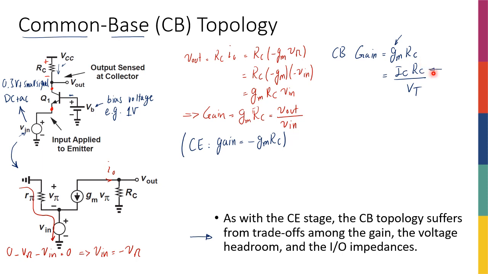Also, another bad thing is that, as we will see in a couple of slides from now, the output resistance of the circuit depends on RC, and if I have to increase RC to get higher gain, I'm at the same time increasing the output resistance of my amplifier, which we have discussed before. It's something that we definitely don't like, because our amplifier on the output side is supposed to work like a voltage source. Therefore, ideally, it is supposed to have zero output impedance.